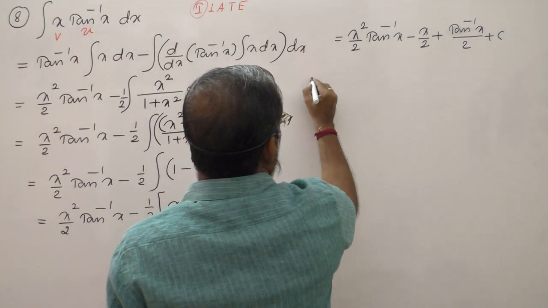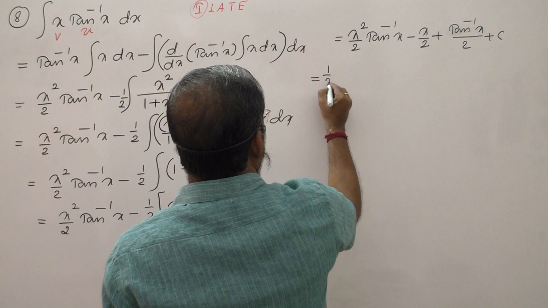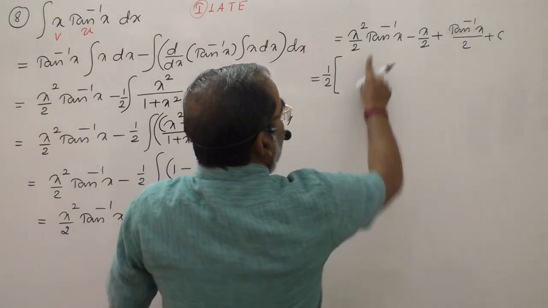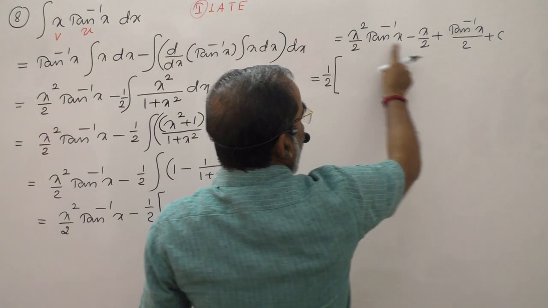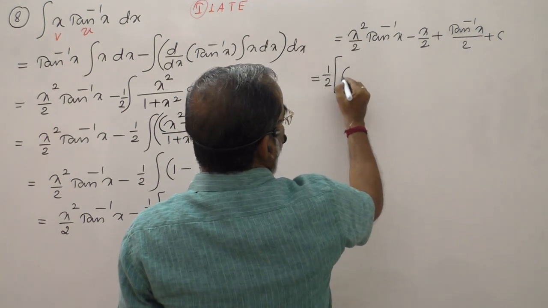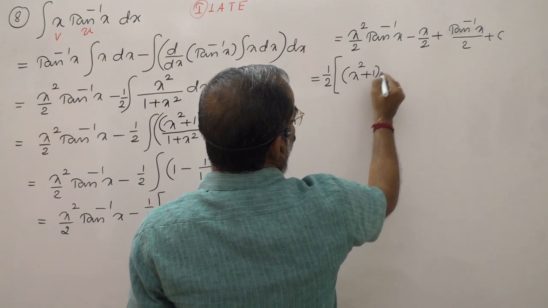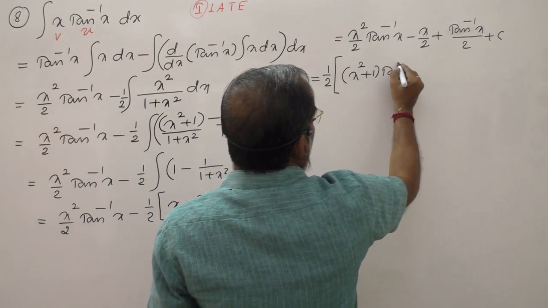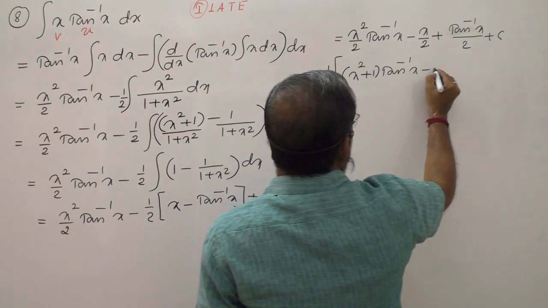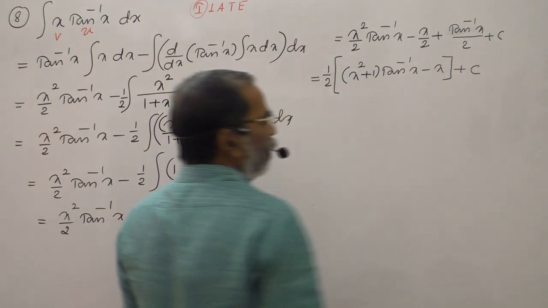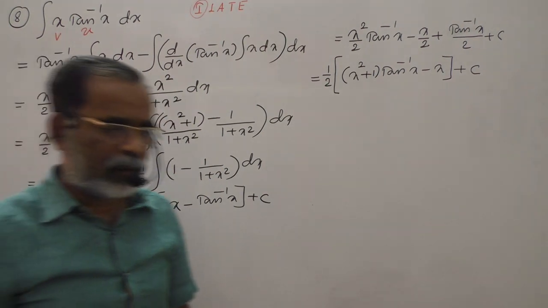These three contain 2 in the denominator. I can take 1 by 2 common. Taking tan inverse x common: x square plus 1 into tan inverse x, and here I have x. Yes, plus c. This is the answer.